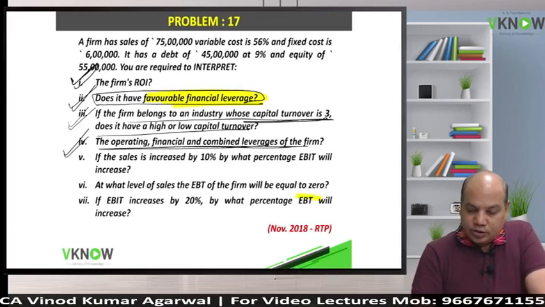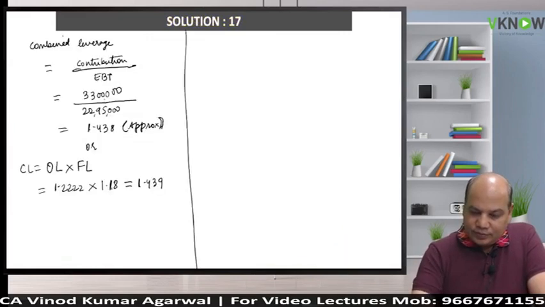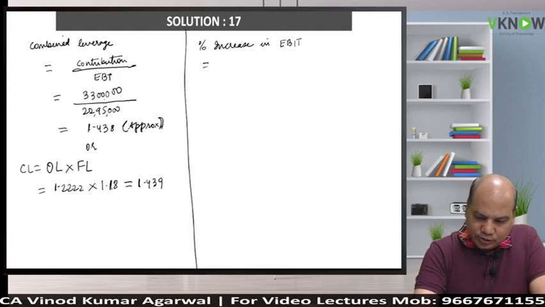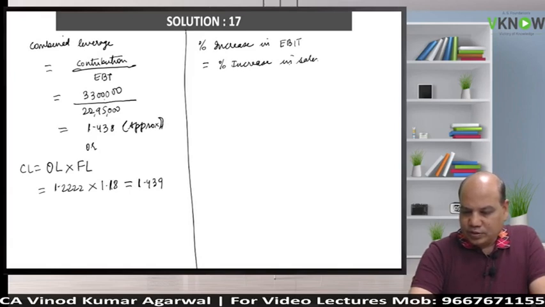Question number 5: if sales increase by 10%, by what percentage will EBIT increase? Percentage increase in EBIT is equal to percentage increase in sales multiplied by operating leverage.